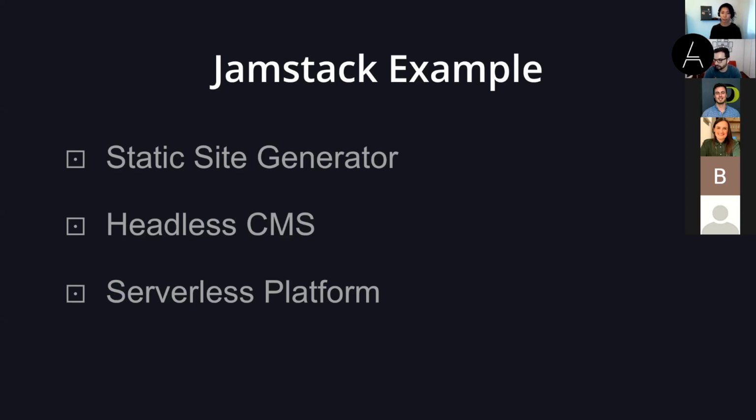I can tell you these three could be ideal Jamstack examples that we want to look at together today. First of all, the static site generator. This is one of the ways to serve your content in the best way for the users who visit the pages, and I'm going to explain more details about it.